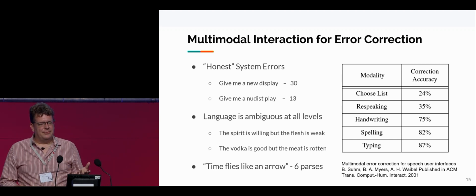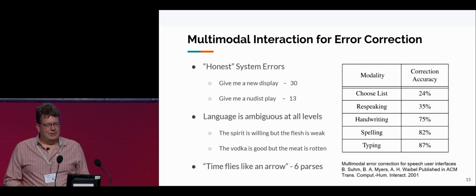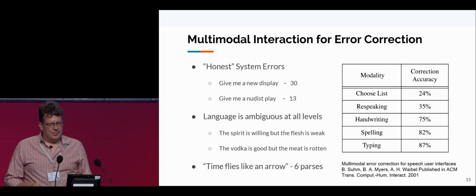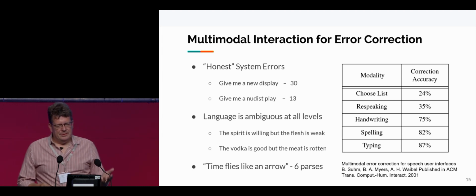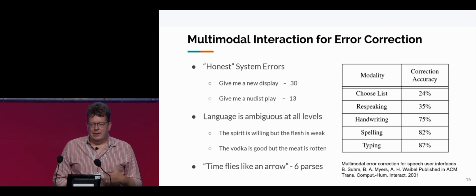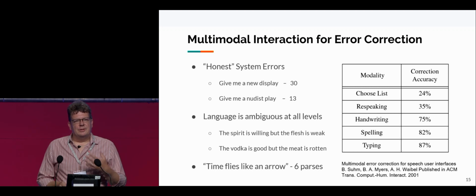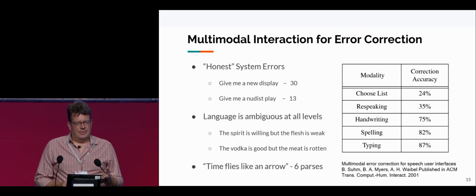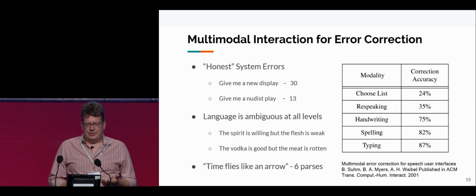Multimodal interaction is often a good way of correcting these errors. We can choose from a list, we can re-speak things, which takes time, but we could also use handwriting, spelling, or typing. And even in 2001, it was shown that these additional modalities can correct errors with great accuracy and with very little effort by the user.